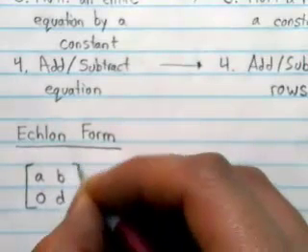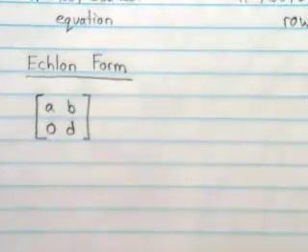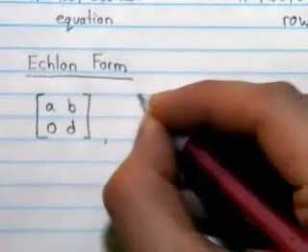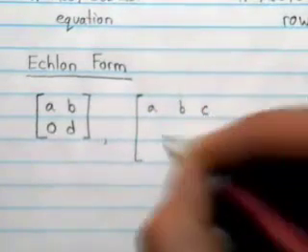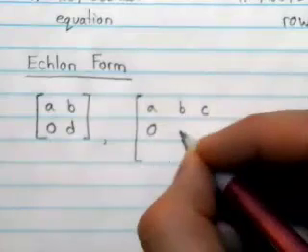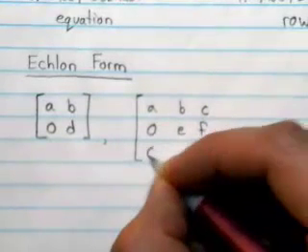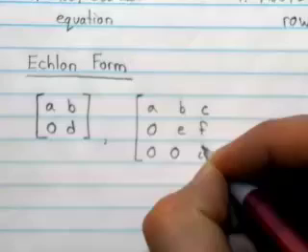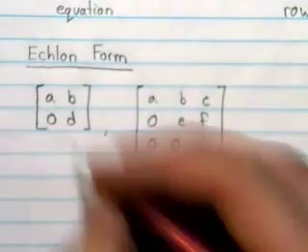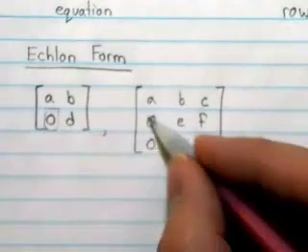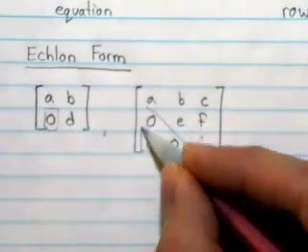If I have a 2 by 2 matrix, echelon form would look like that, with a 0 in the bottom left. If it was a 3 by 3, echelon form would be A, B, C, 0, E, F, 0, 0, I. So you're making a little triangle of zeros in the bottom left corner.